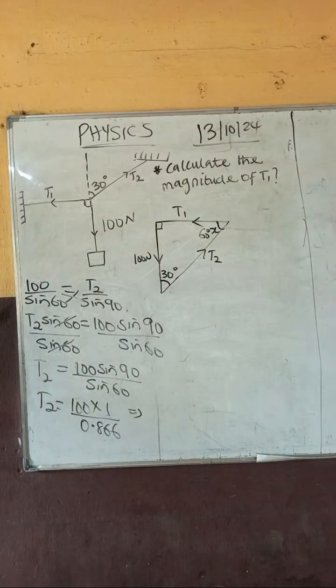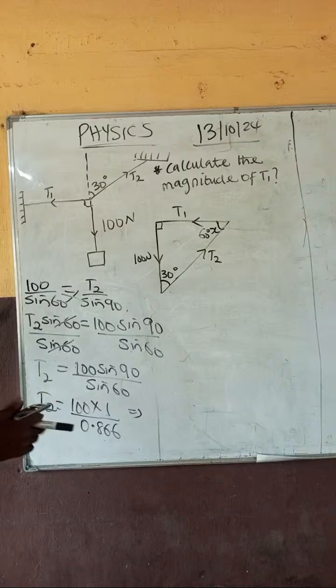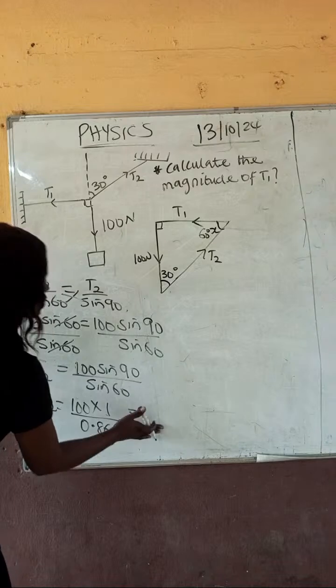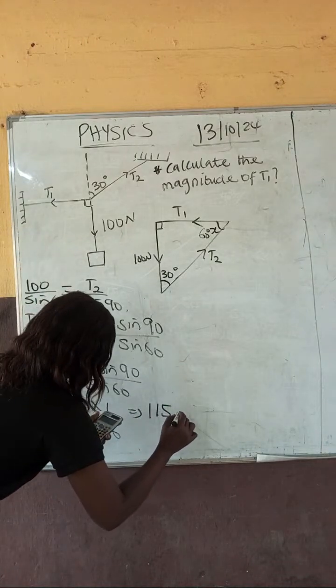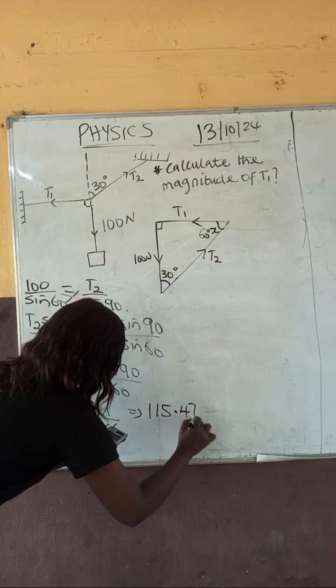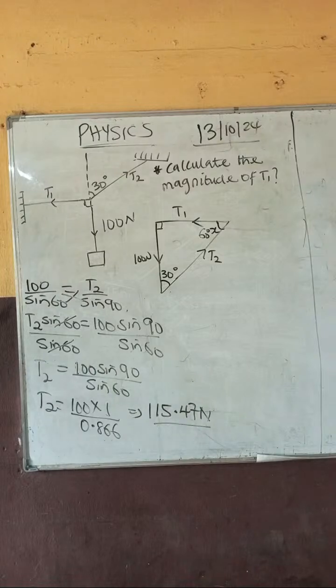So let's divide. 100 times 1 is 100, divided by 0.866. So I will have my answer to be 115.47 Newtons as my T2, right?